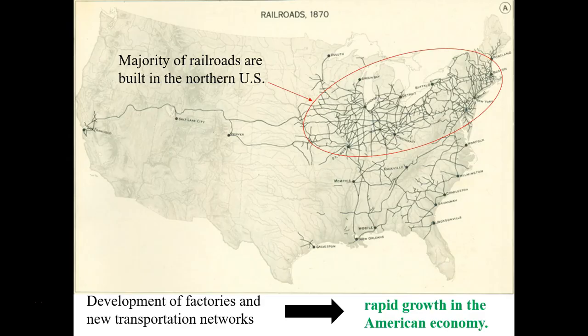Now, as you can see from this picture, most of the railroads were in the northeast, but the Transcontinental Railroad attempted to connect all of those in the east to California on the west coast, mainly because of all of the development and gold mining that was taking place in California.